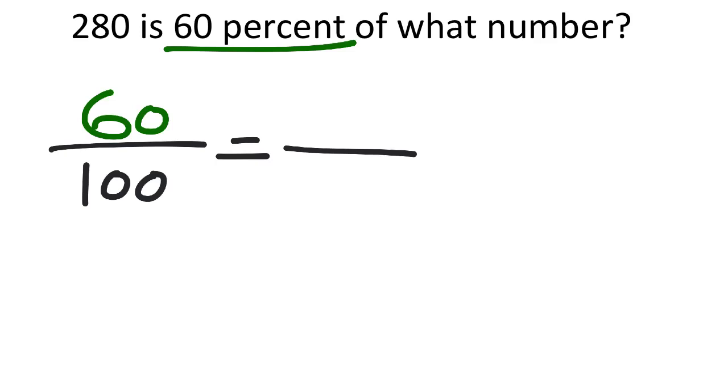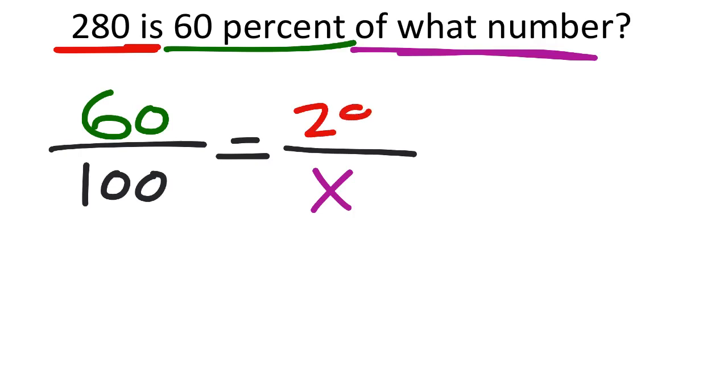And this one, I would look and see that it says "of what number." And remember, the "of" is always the denominator of the other fraction, but it doesn't say what it is of, which means it's an unknown or variable value, x. And the 280 "is," and we see it's associated with the word "is" right there, so 280 is the part.